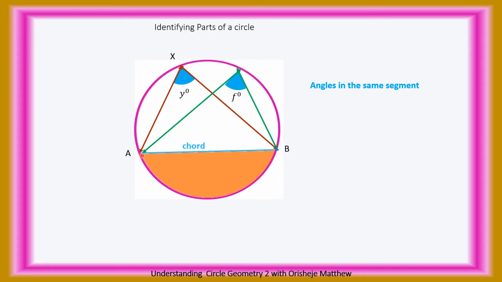They are angles subtended in the major segment. Similarly, if their angles are subtended in the minor segment, they are always the same. Why? Because they are taking their origin from this arc. So this arc of the circle is what is subtending this angle in the major segment.